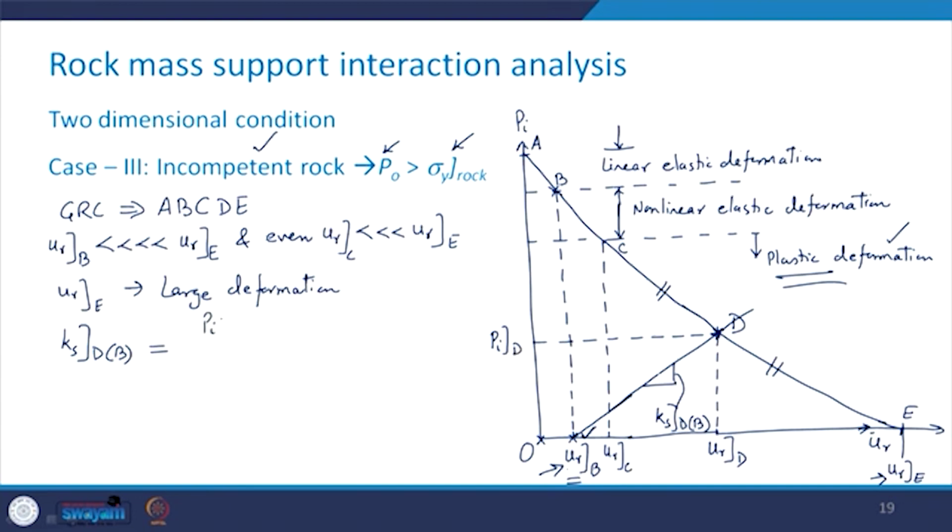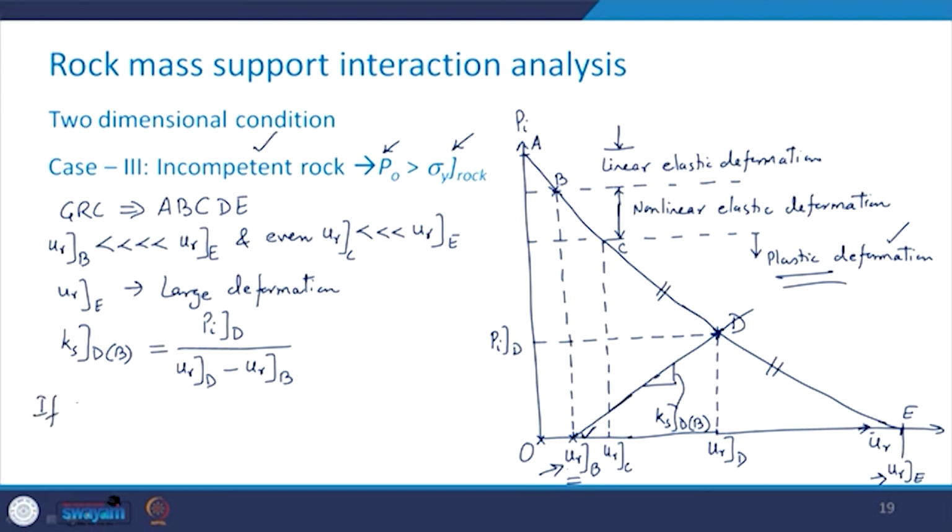So this Pi at D, this will be divided by whatever is the deformation corresponding to this D minus UR at B. So this is what is going to define the stiffness for this support system.